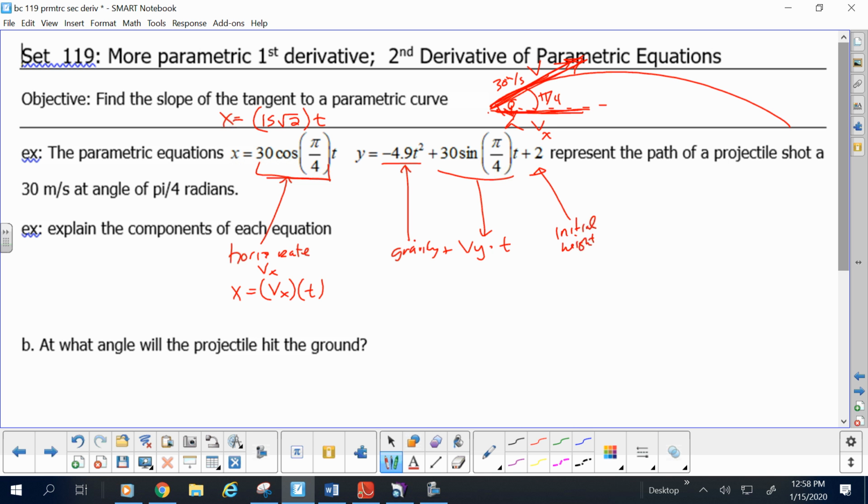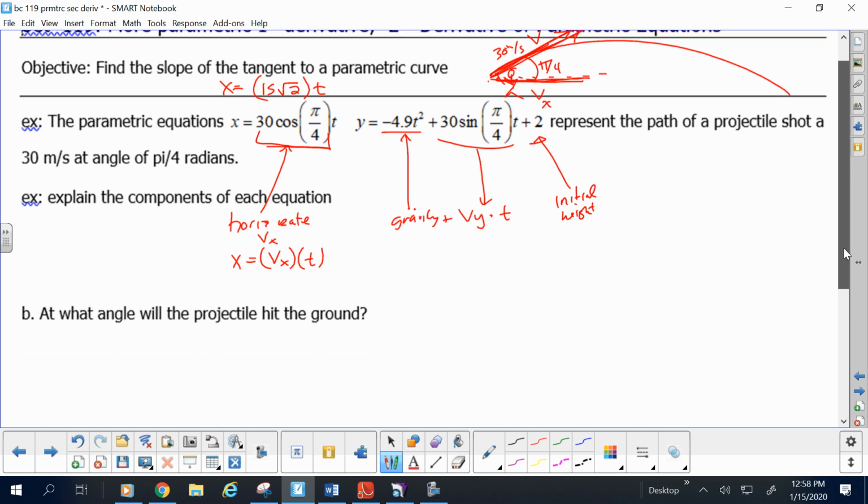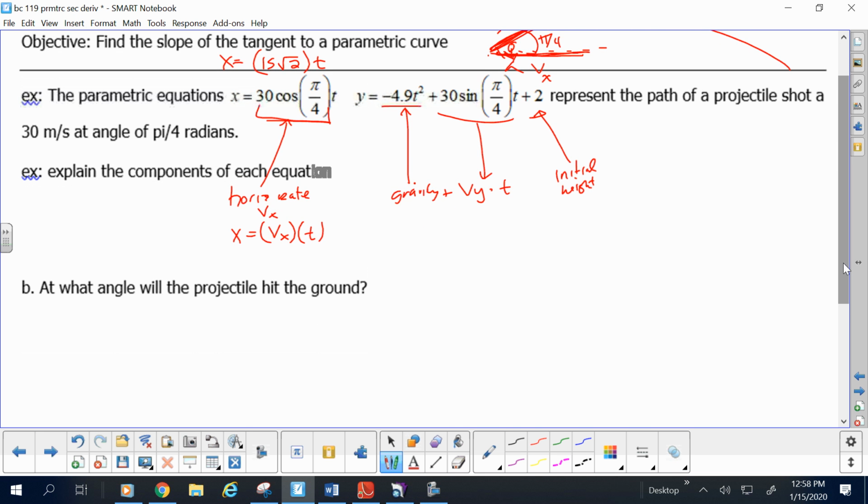Yeah? All right, cool. At what angle will the projectile hit the ground? Is it just, it'll come down at the same angle as it went up at? So I had some people say it hits at pi over 4 again. True or false? False. Why? Because it started at 2. It's not starting at 0 and going back to 0.